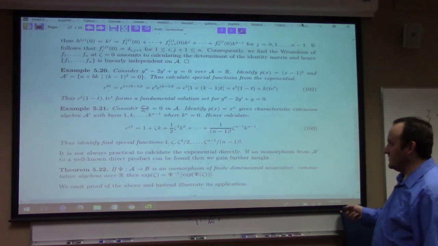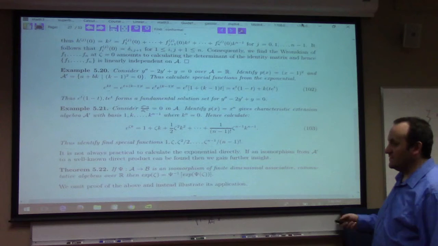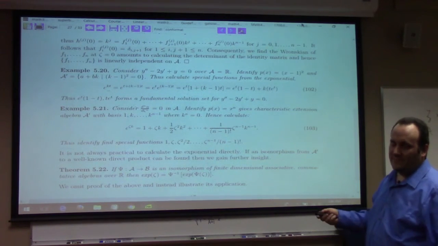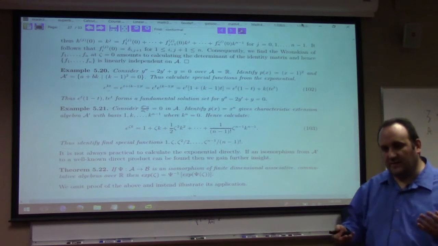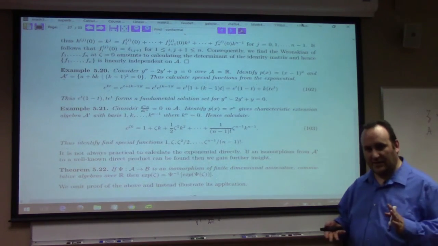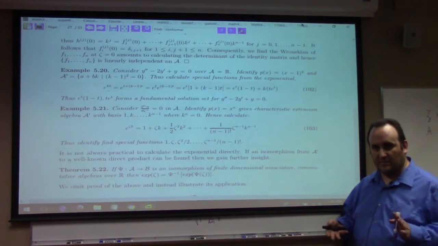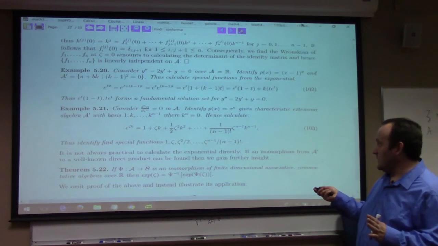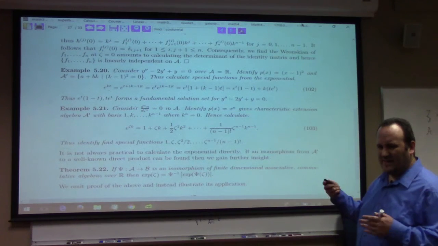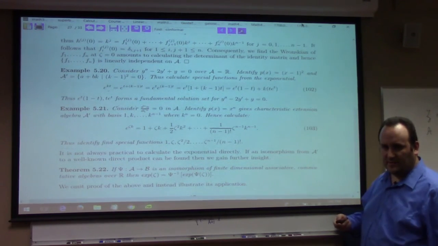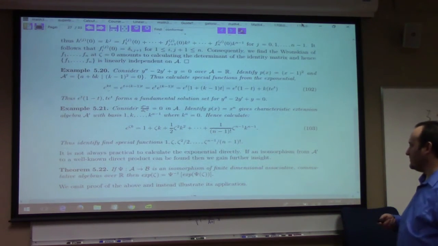Those are your special functions for that differential equation. Again, direct integration is faster, but it's kind of neat to see the nilpotent algebras coming into play and being useful for applications. See, this is a nilpotent algebra, right? It's got this basis element k. This k to the n is 0. That's a nilpotent element.